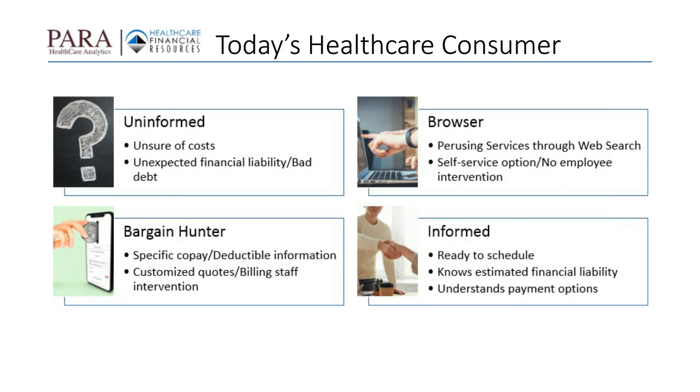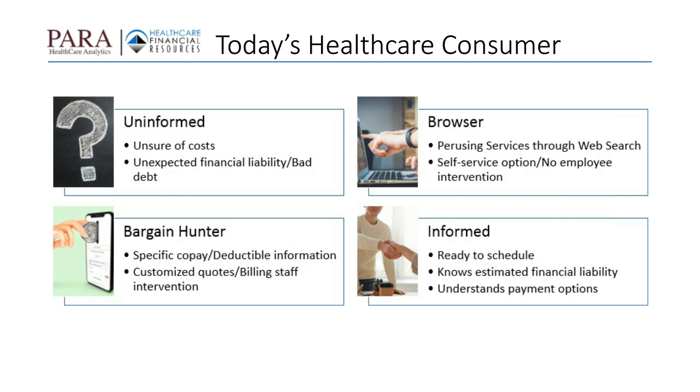These patients are a large part of a hospital's bad debt issue. Browsers are those that perform web searches to compare prices, but really don't have a full understanding of how those prices impact them. So they're moving towards becoming informed, but really don't have a full picture of what it means to them.